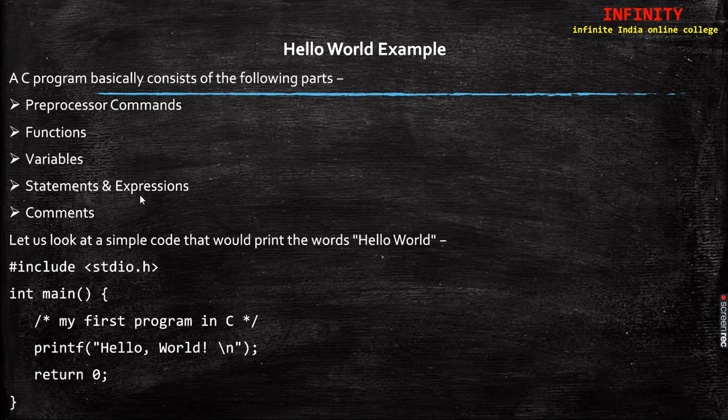Next one is statements and expressions. Again, I am telling about statements and expressions in C. An expression represents a single data item, usually a number.